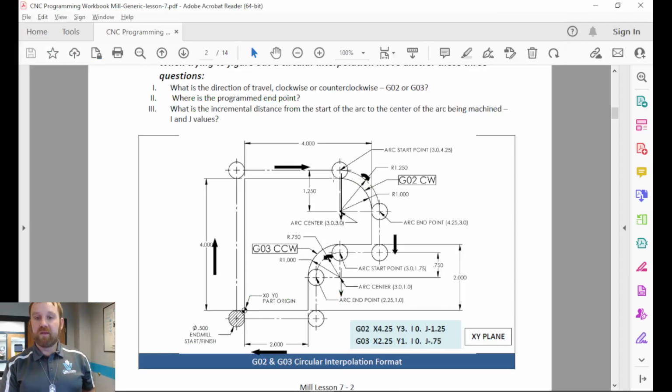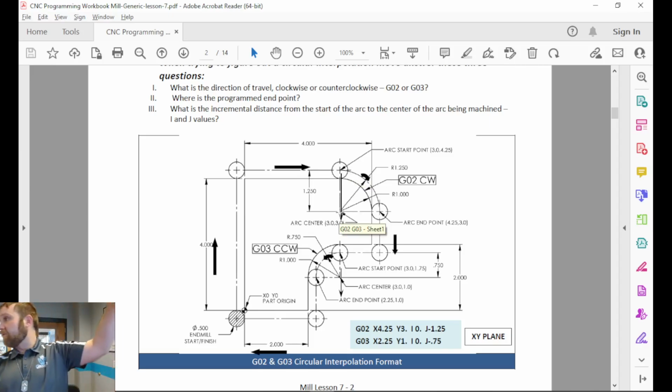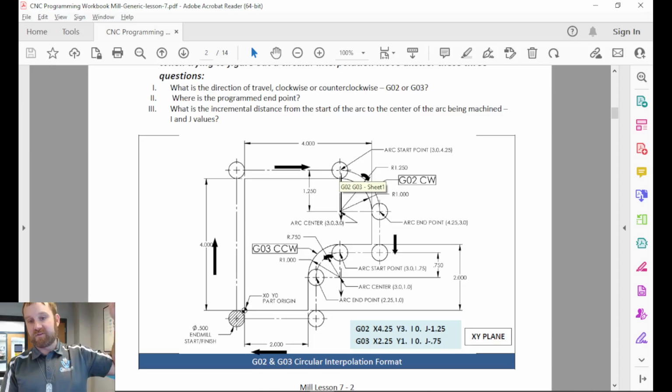All right, so the I or the J is the incremental distance from the start of rotation, so that would be right here, to the center of rotation, which would be right here. So from right here to the center of rotation, that is in the Y direction, so that would be a J, and it is negative from the start to the center, 1.25.